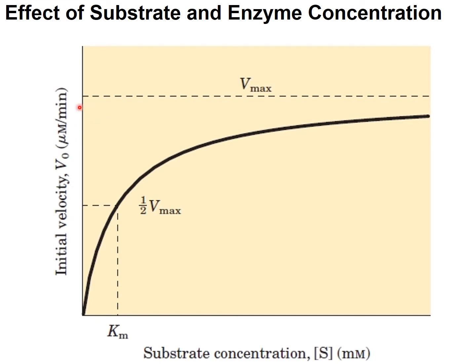So here we've got the increase in substrate concentration across the bottom, and here the velocity. This is the initial velocity of a particular enzyme. What that means is it's the rate at which the enzyme converts reactants to products. That's its activity, right? I defined that earlier.